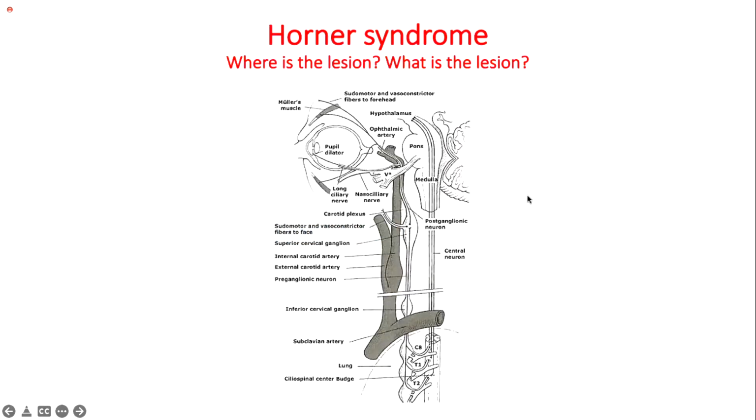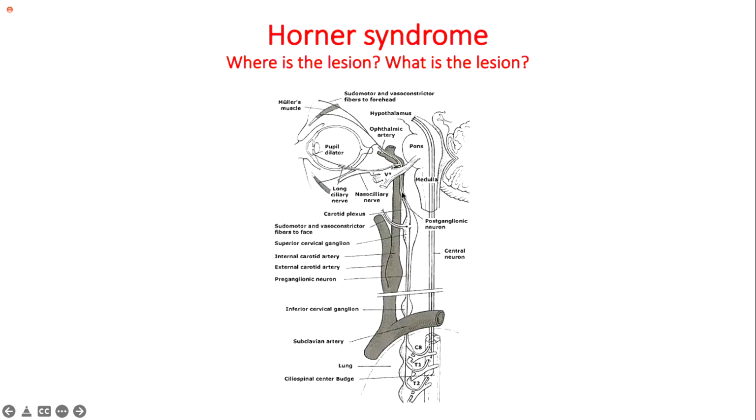So that is where you need your anatomy of the sympathetic pathway. You know that the sympathetic system starts in the hypothalamus and the tract passes through the brainstem: from the hypothalamus, the midbrain, pons, medulla, comes through the spinal cord to the superior cervical ganglion, and then it ascends.